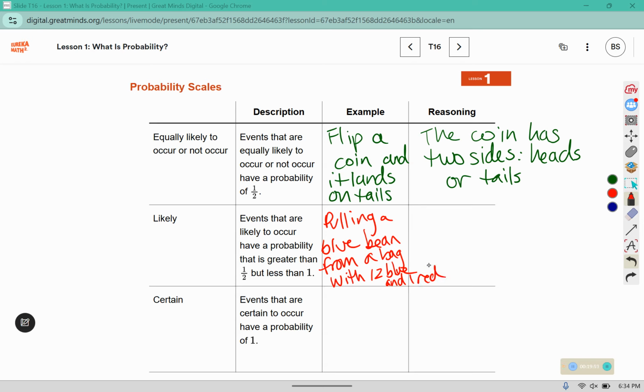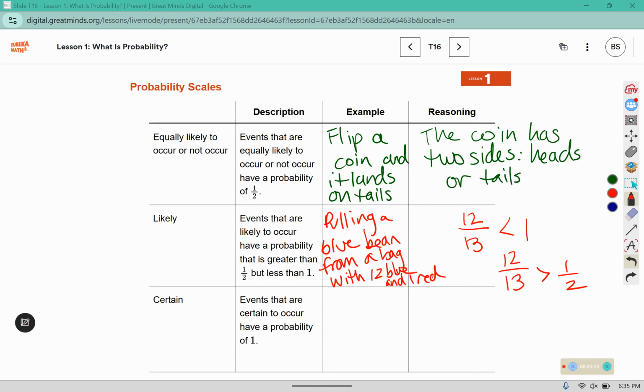Because there's 13 in there, so the possibility of getting blue is 12 out of 13. That is less than 1, but it is also more than 1/2. There are more blue than red, so it is likely.